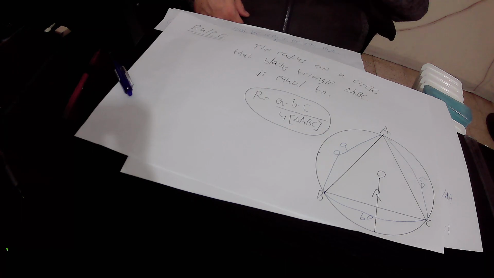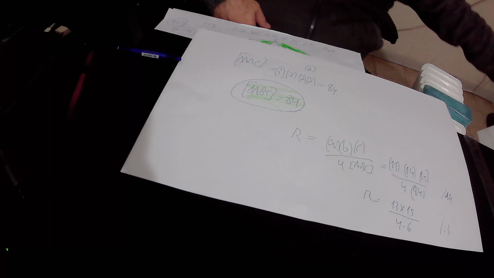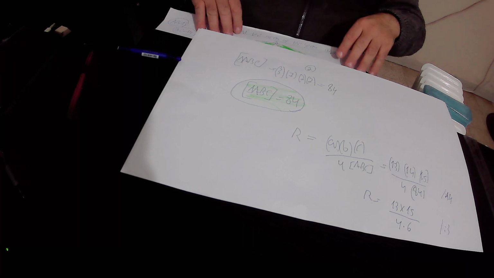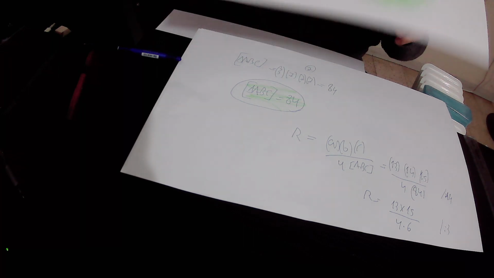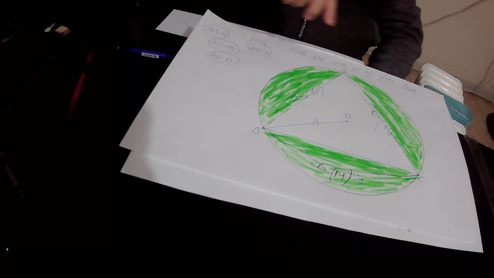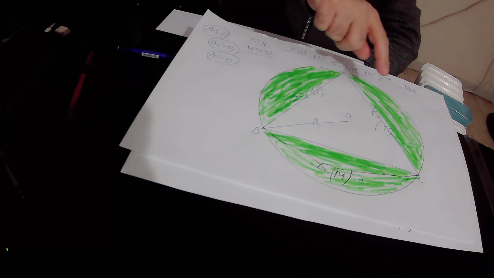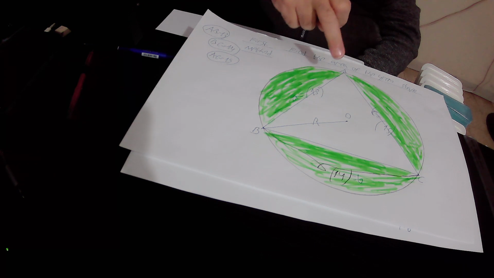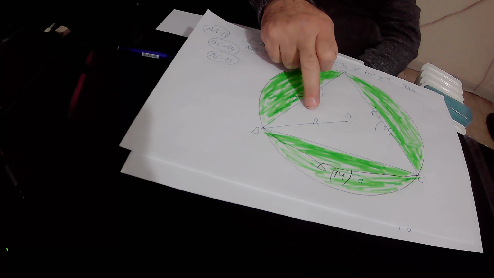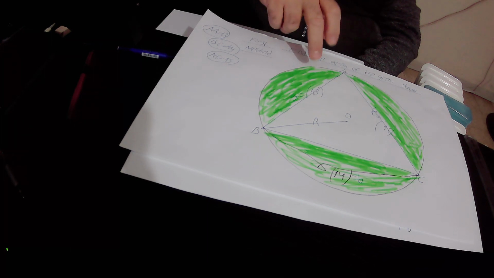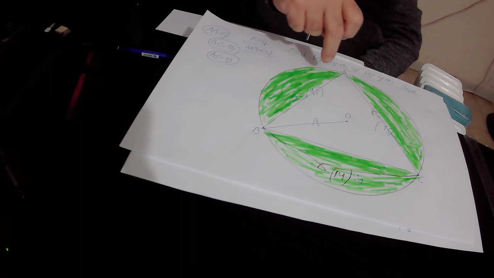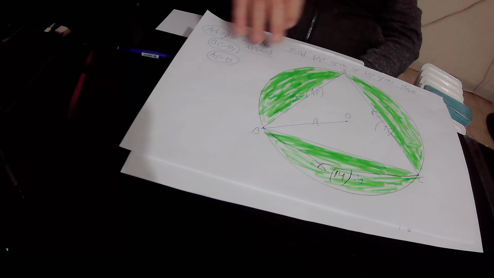Okay, so we can actually implement rule number 6 in our drawing. Why? Because in our drawing we have this circle that circumscribes triangle ABC. Therefore, the radius of this circle that we defined as capital R must be equal to A times B times C over 4 times the area of this triangle ABC.